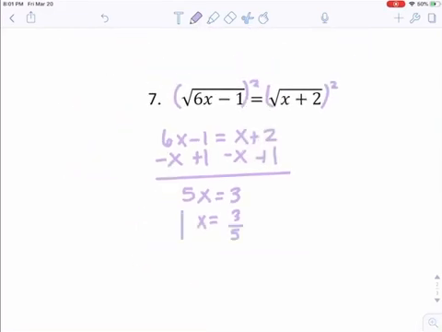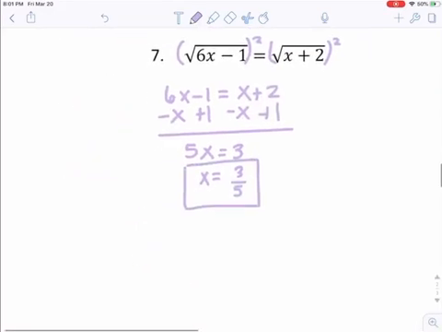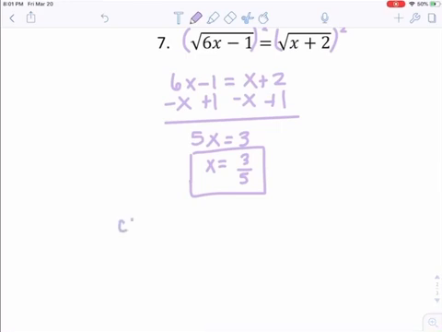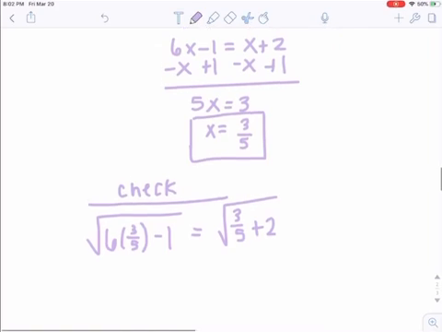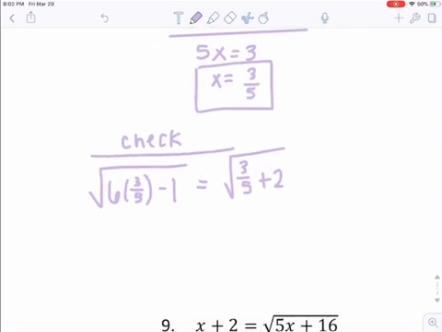Okay, make sure you check. I don't care if you hate fractions. So plug it in. So 6 times 3/5 minus 1, and 3/5 plus 2. Let's see if we get the same thing.